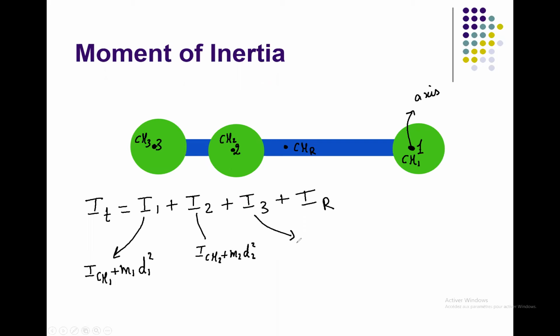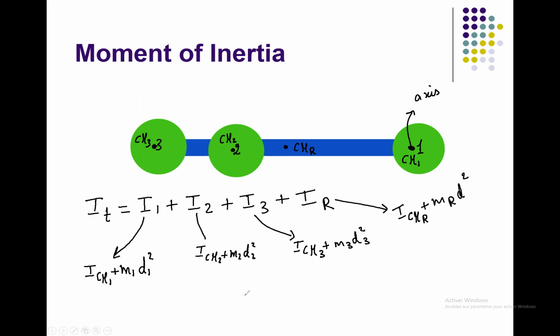Also the same for this one. Then for the rod, I_CM of the rod plus the mass of the rod, let's say small m of the rod, times d square.